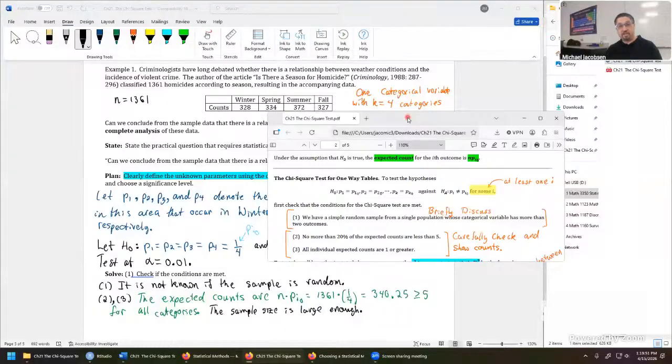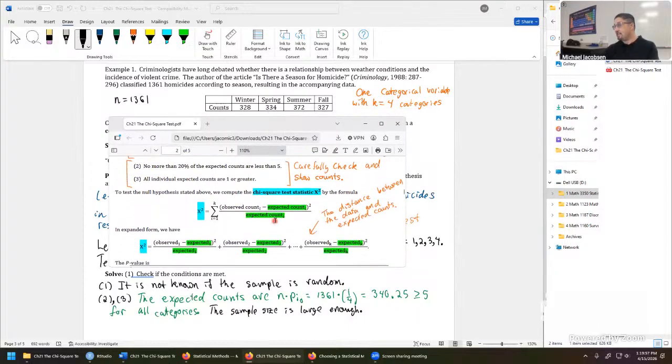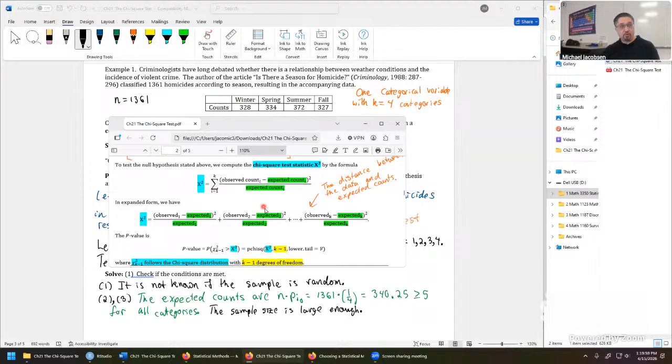Next thing we're going to do now is the math side of this. We have to compute this statistic. If the null hypothesis is true, and our counts should have been closer to 340.25 on every one of these categories, how far is this table from all four of these expected counts? And in terms of how far it is, it's the chi-squared test statistic.